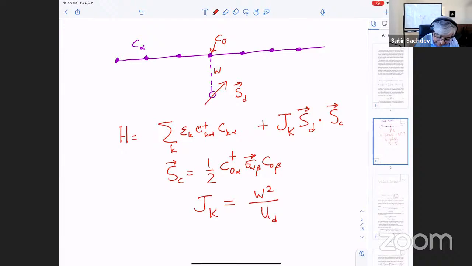It's not exactly equal to that, it's of order that. There's a prefactor, which is a bit more complicated and not exactly the same as in the Hubbard model, because in the Hubbard model you have exchange between two sites, with a U on both sides. Here, there's only a U on one side. So that changes the energy denominators a little bit, and you get a slightly different answer, but that's about it.